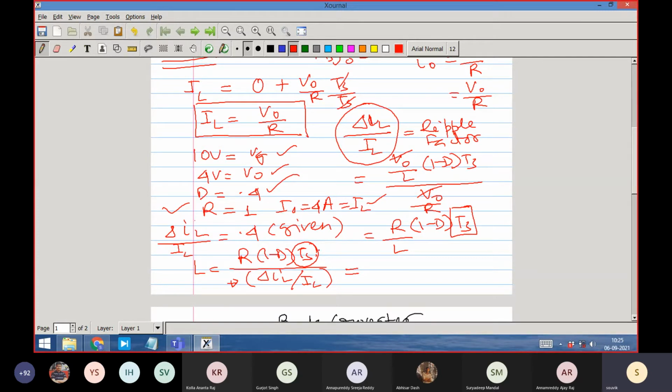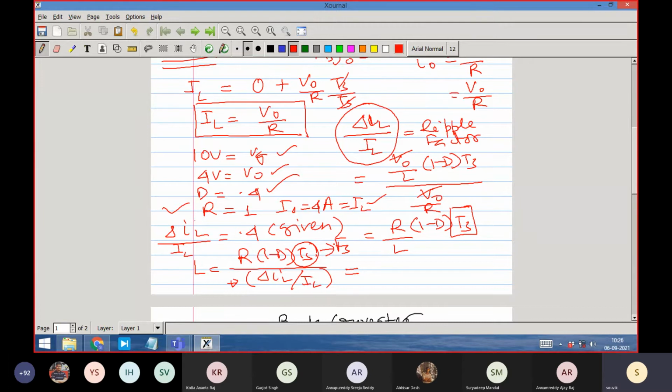Low value of Ts implies high switching frequency. So it is always beneficial to reduce the converter size. The converter size can be reduced only by reducing the size of the passive components, the inductors and capacitors. So if you choose a high frequency, you will be able to get a lower value of the inductor but still maintain the same specification, delta IL by IL is 40%.